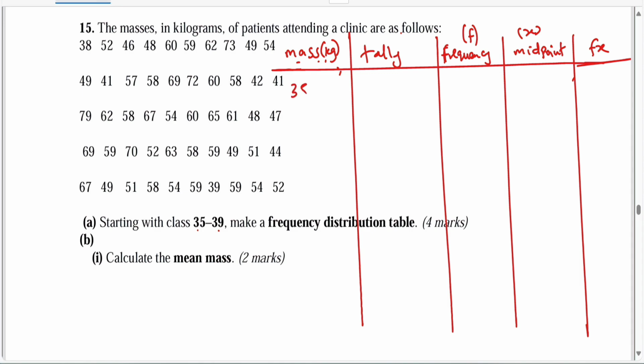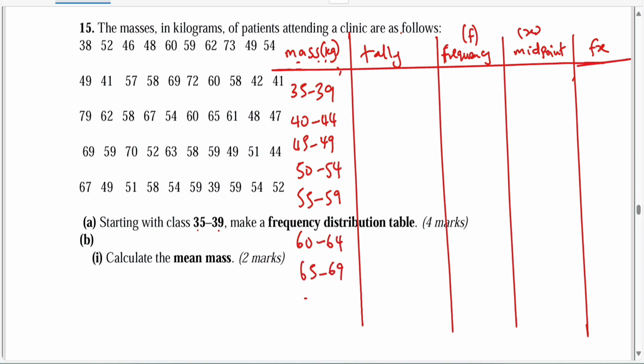Starting with 35 to 39, you don't start the next class at 39, but you skip and write 40 to 44, which is 5 numbers. Then 45 to 49, then 50 to 54, 55 to 59, then 60 to 64, 65 to 69, and 70 to 74.